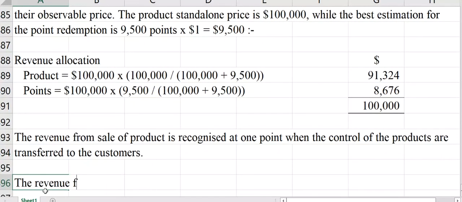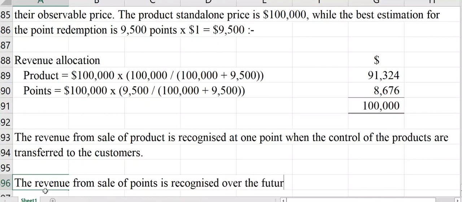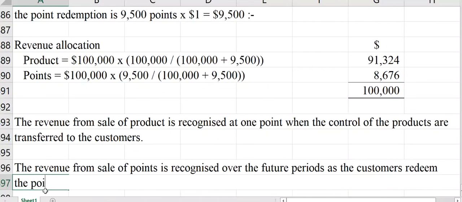The revenue from sale of points is recognized over the future period as the customer redeems the points.